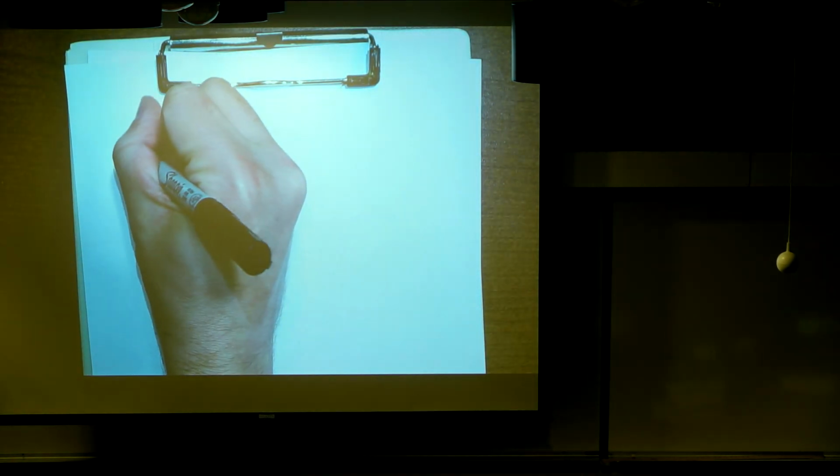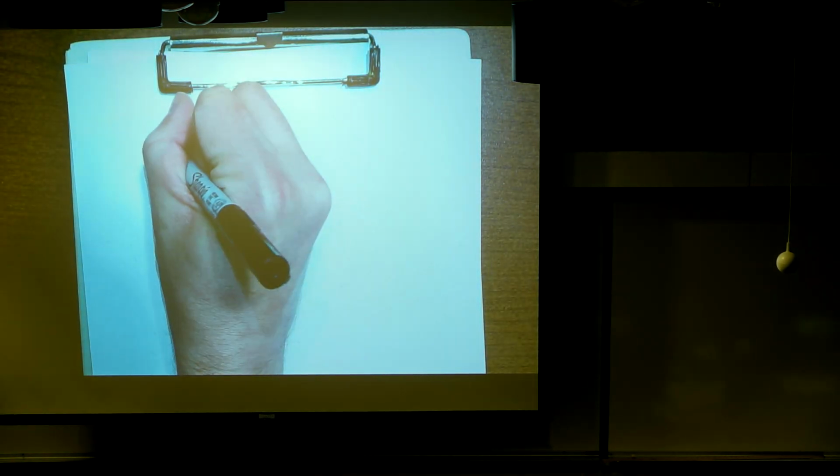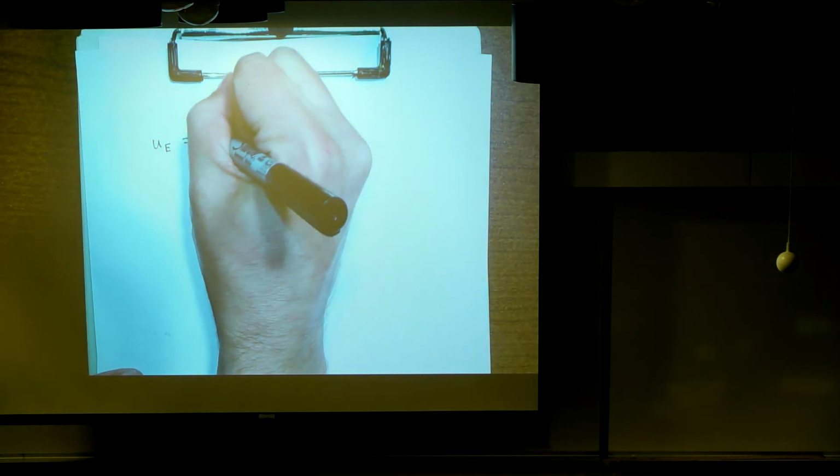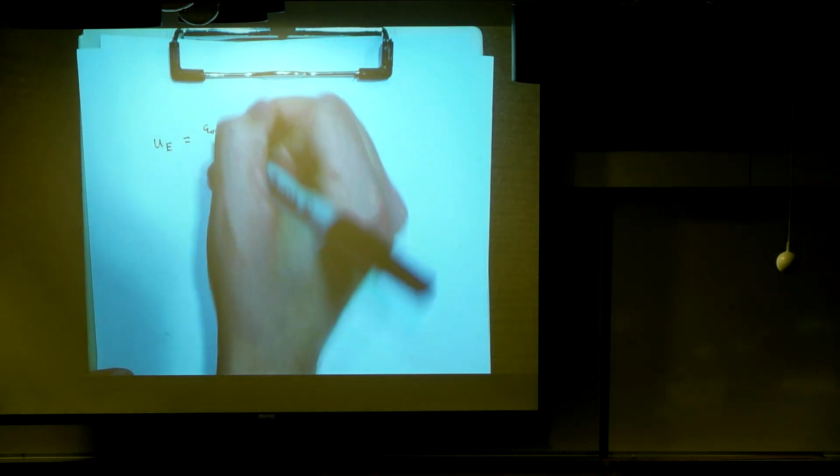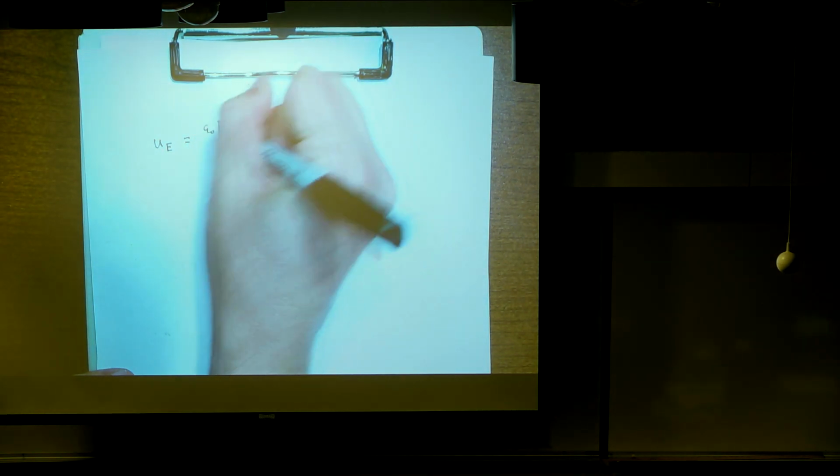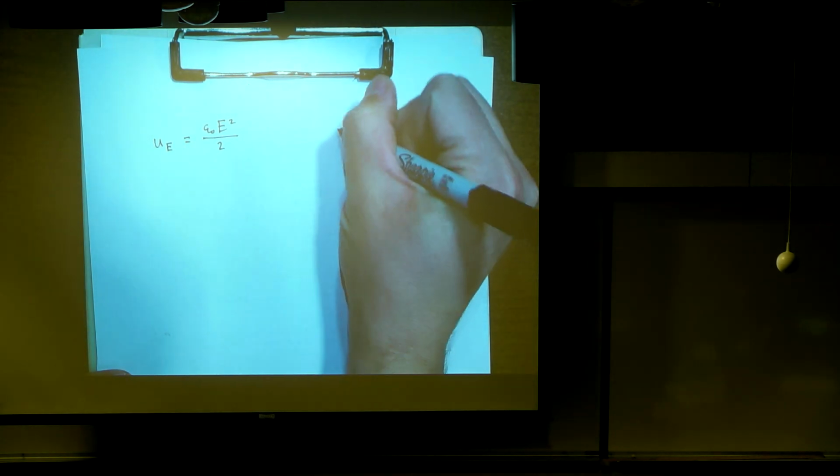Let's start with the formula for electric energy density. What I'm going to show you is that it's equivalent, if we make a few substitutions, to the magnetic energy density. So this says electric energy density is epsilon naught times E squared divided by 2. But into that formula, I'm going to make the following substitution.